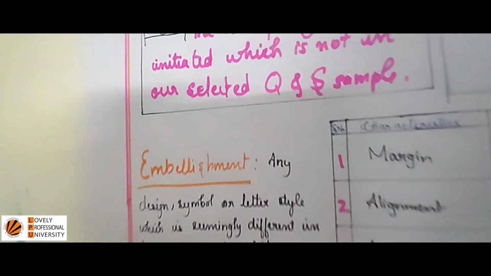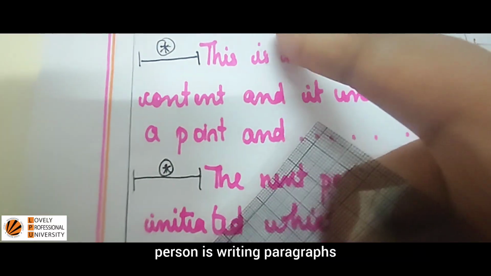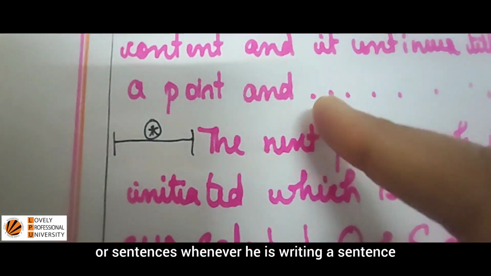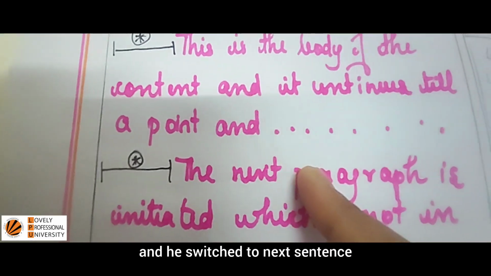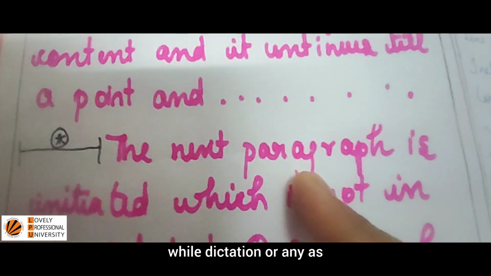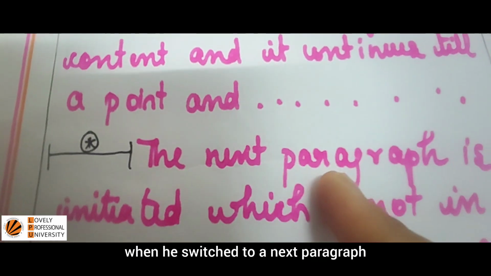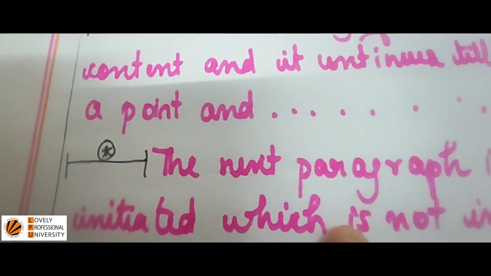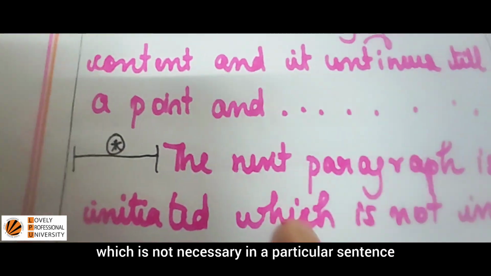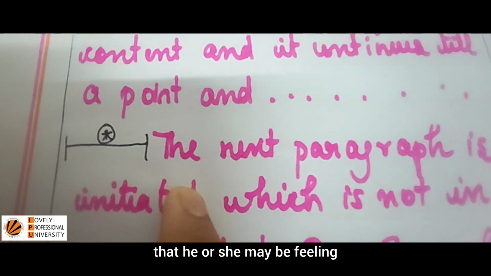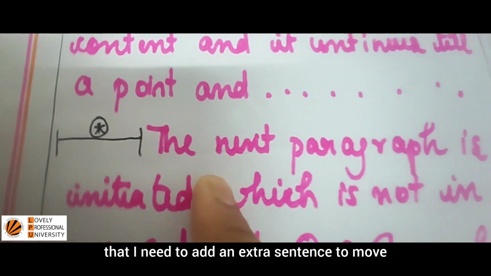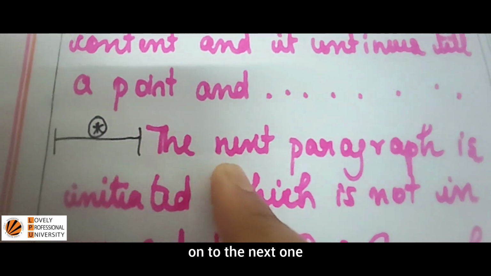When the person is writing and switches to the next paragraph where it is not necessary, that is an individual characteristic, as he or she may feel the need to add an extra break to move on to the next sentence.